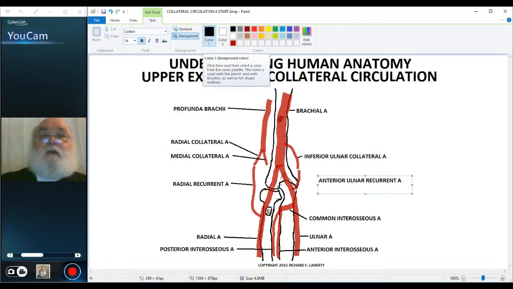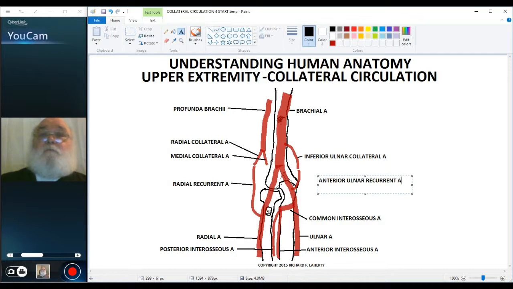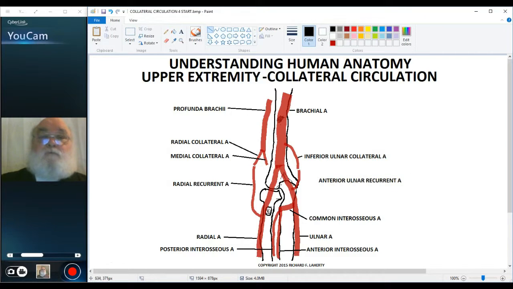I think you're seeing a pattern here. The collaterals anastomose with the recurrence to form collateral routes. So the anterior ulnar recurrent with the inferior ulnar collateral.